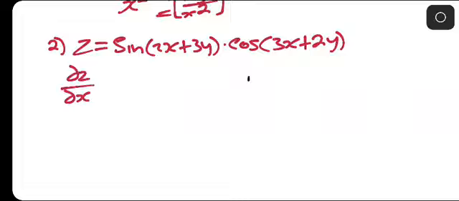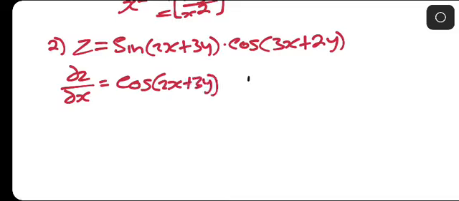You can start by this. The derivative of sine is cos, positive cos, not a negative one. Here we'll simply have cos of 2x plus 3y.